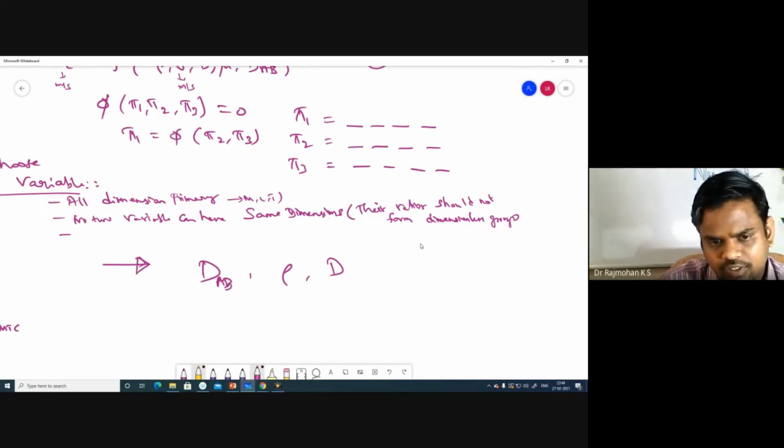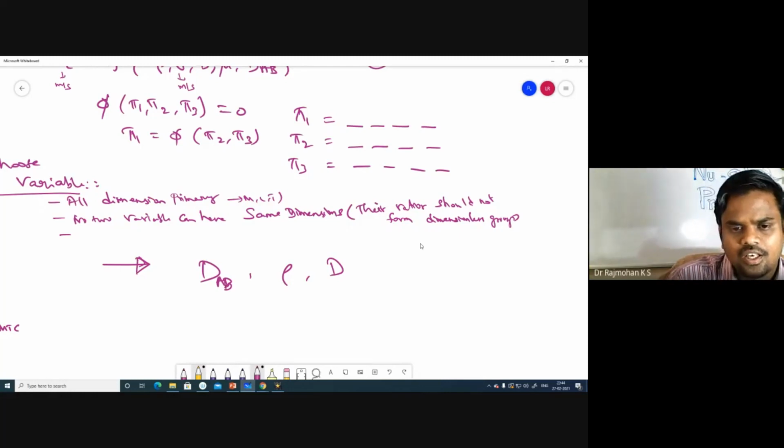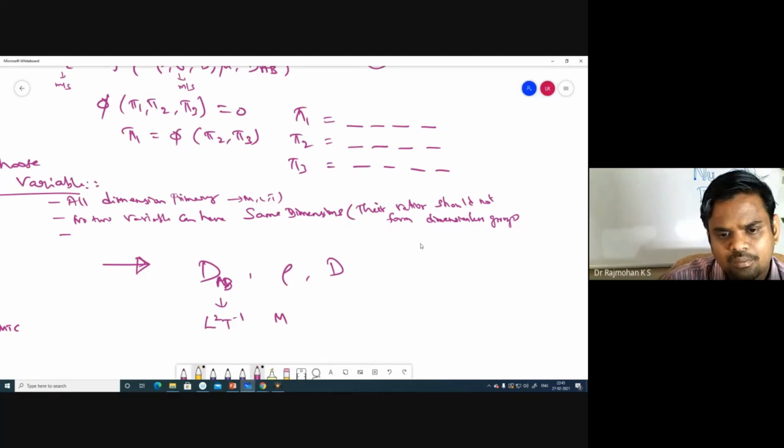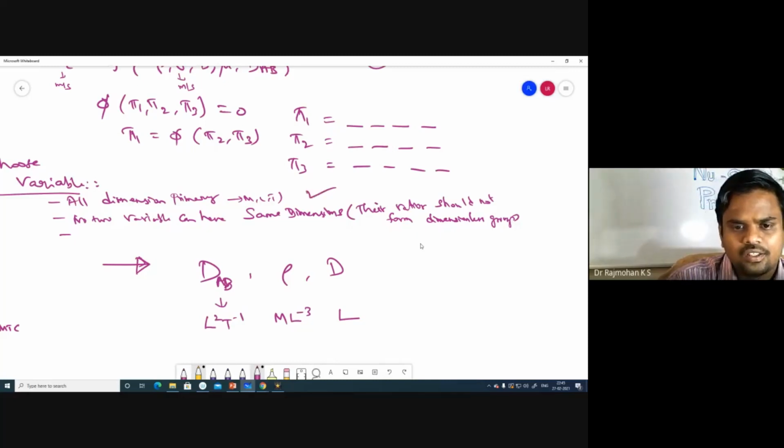What are the dimensions of these? DAB is meter square per second, that is L square T minus 1. Rho is kg per meter cube, that is M L power minus 3. D is diameter, simply L. M, L, T are all covered. They do not have the same unit, so the ratio will not form any dimensionless groups. Yes, taken care of. So this is an eligible set of three repeating variables.